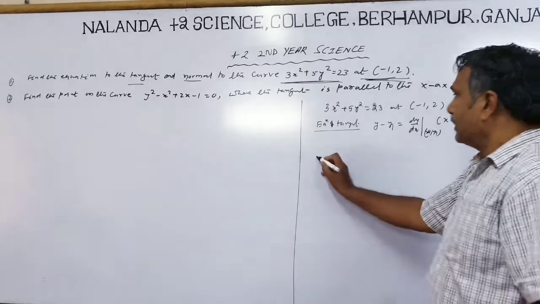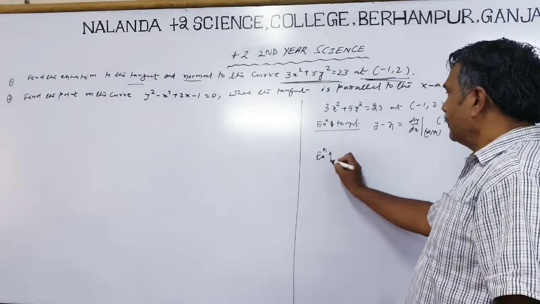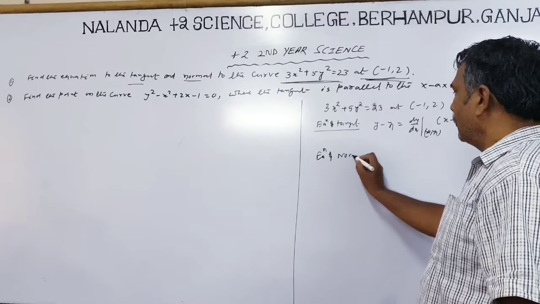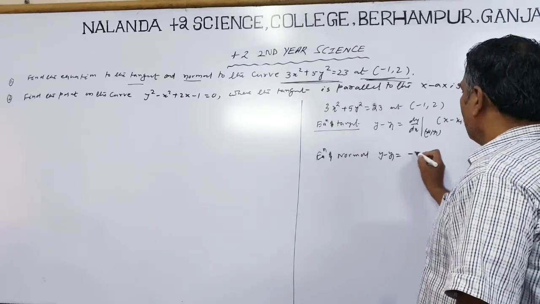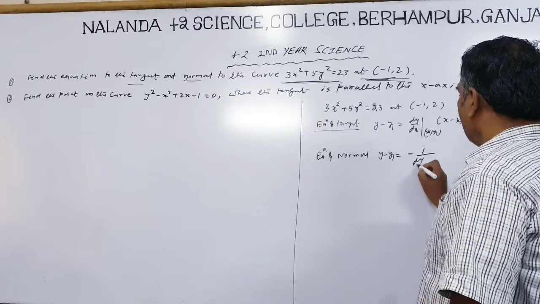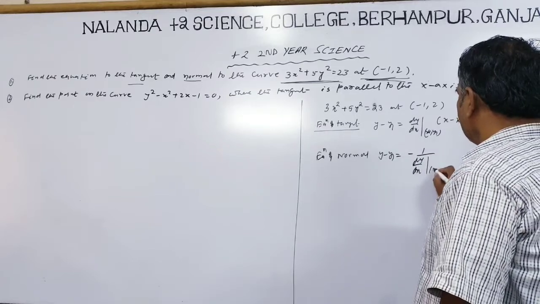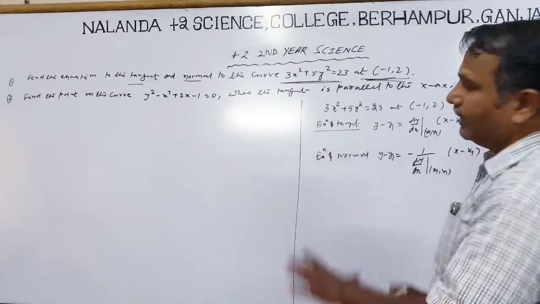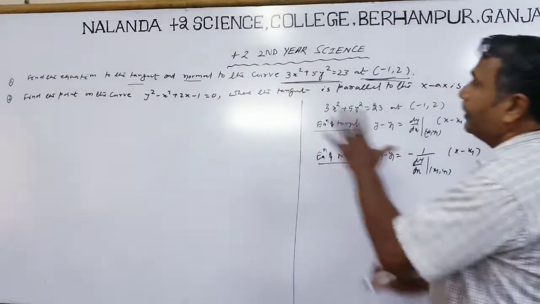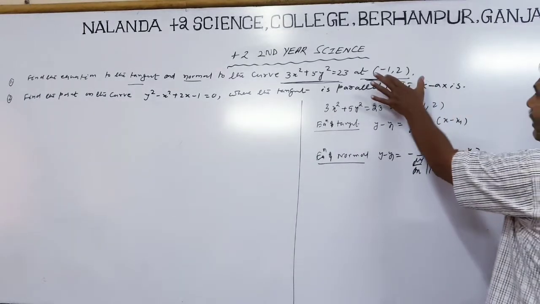So what is the equation of normal? Equation of normal: y minus y1 equals minus 1 by dy by dx at x1, y1 into x minus x1. Now these two are formulas. Here x1, y1 is given.